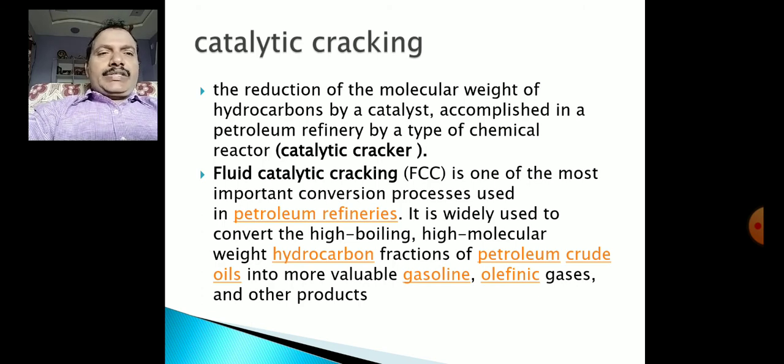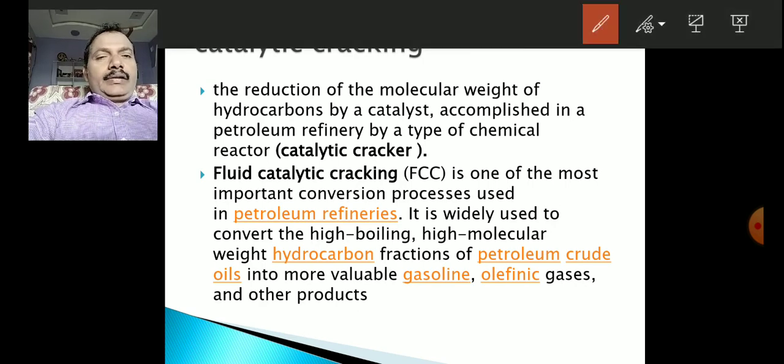Fluid catalytic cracking, that is the FCC, is one of the most important conversion processes used in petroleum refineries. It is widely used to convert the high boiling, high molecular weight hydrocarbon fractions of petroleum crude oil into more valuable gasoline, olefinic gases, and other products.